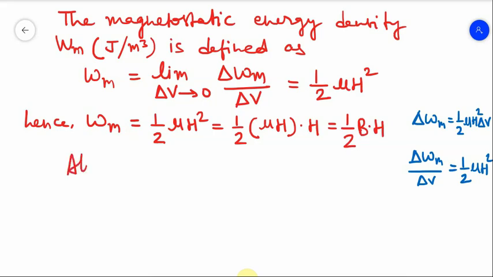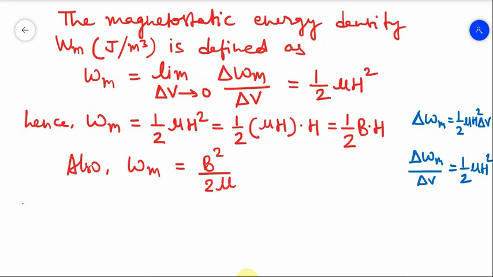So the magnetic energy density Wm can be represented as half b into h, and in another way we can also represent this Wm equals b square upon 2 mu, because if in place of h we represent b upon mu, we get b square upon 2 mu.